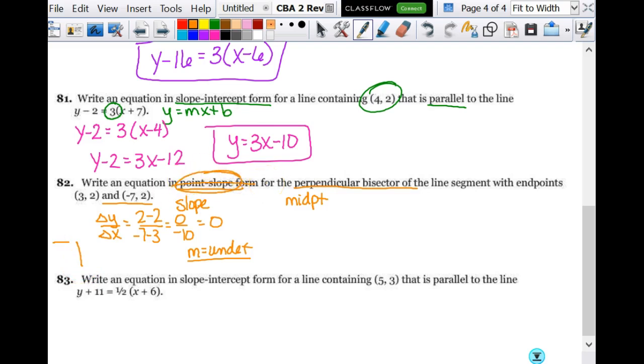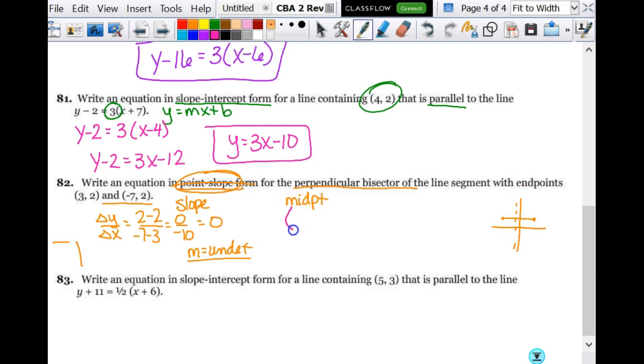So we're going to write an equation of a line, but it's going to be an x equals line because our slope is undefined. But to know what that x does equal, I still have to find the midpoint. Because if you remember, if you actually graph these two little points here, this is at 3, 2 and negative 7, 2. You're looking for the perpendicular bisector of that. And so you got to know which point it goes through. It's going to go through the midpoint, but it's going to be a vertical line.